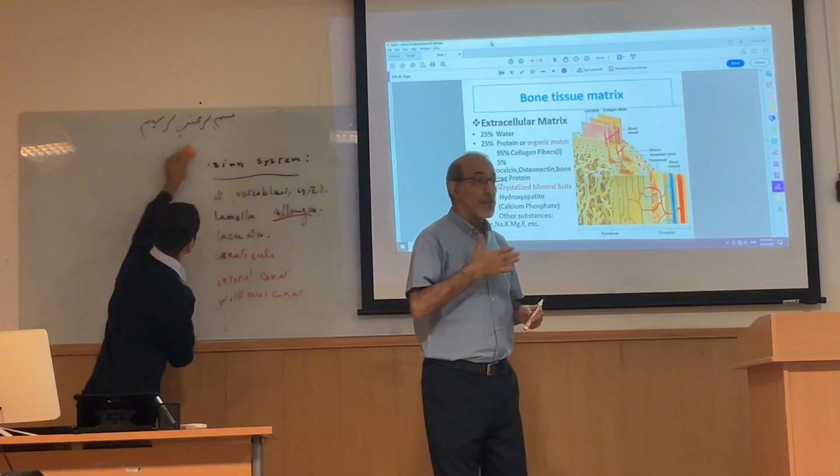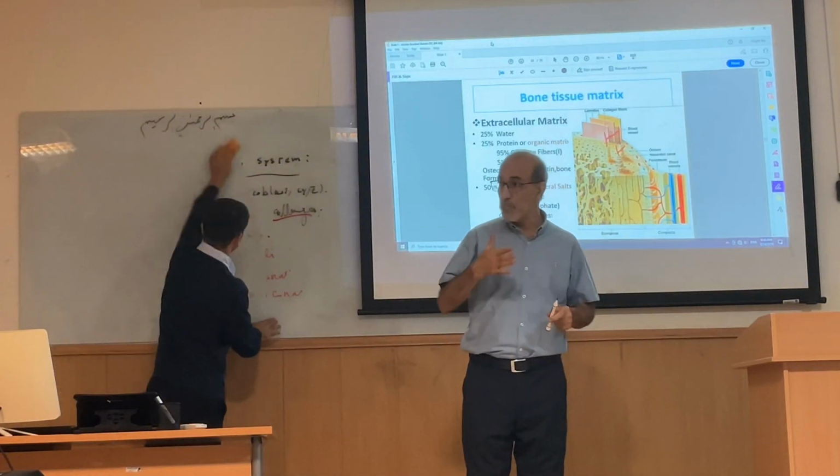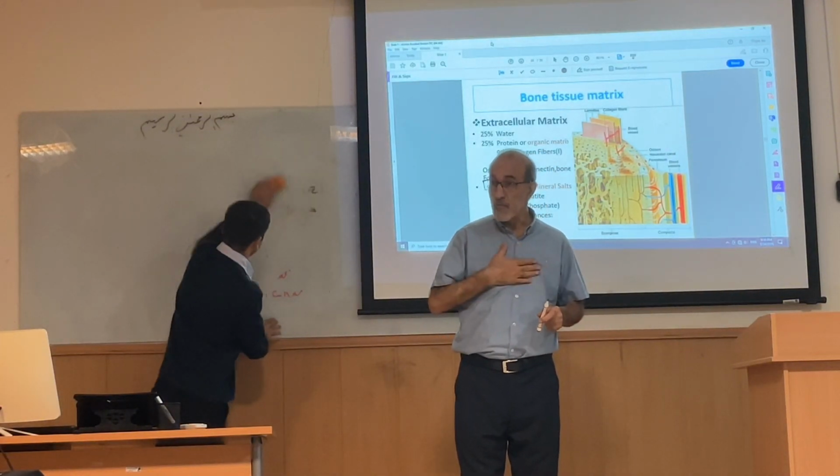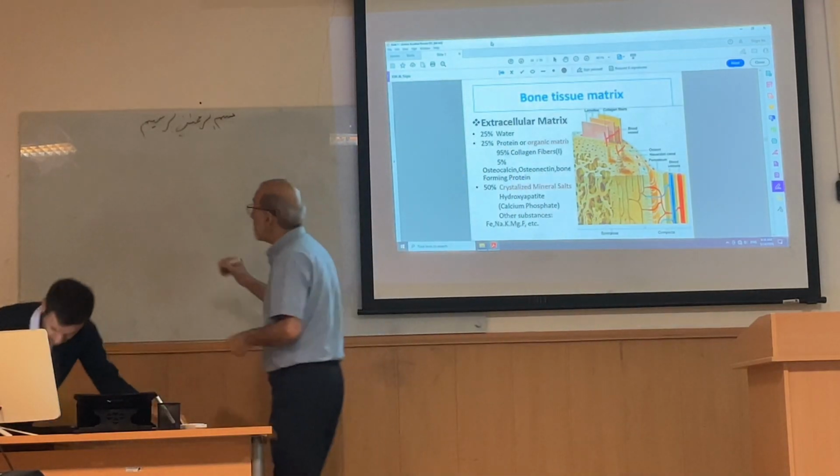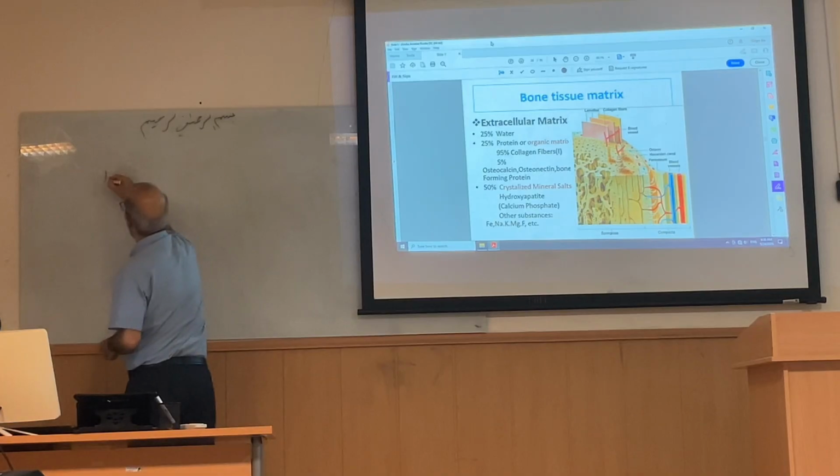In the body, bone is divided into two parts.